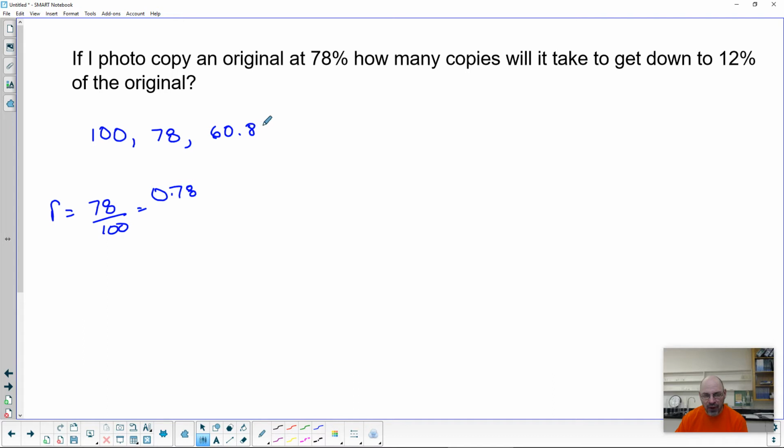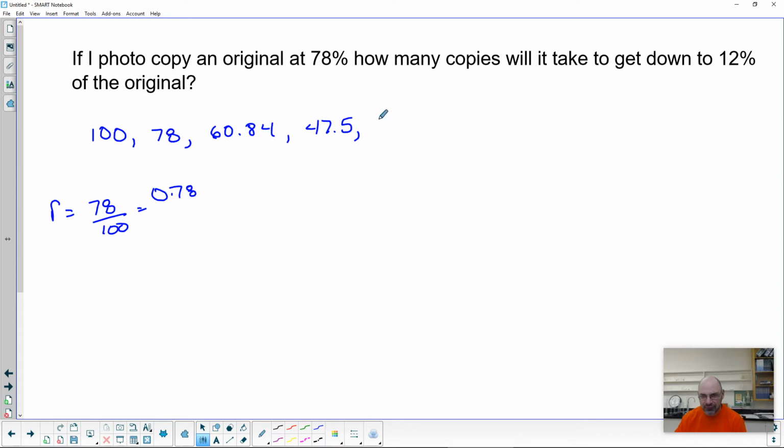And we're going to keep going until we get to 12. So then we multiply that answer by 0.78. We get 47.5 approximately. Then we multiply that again by 0.78.